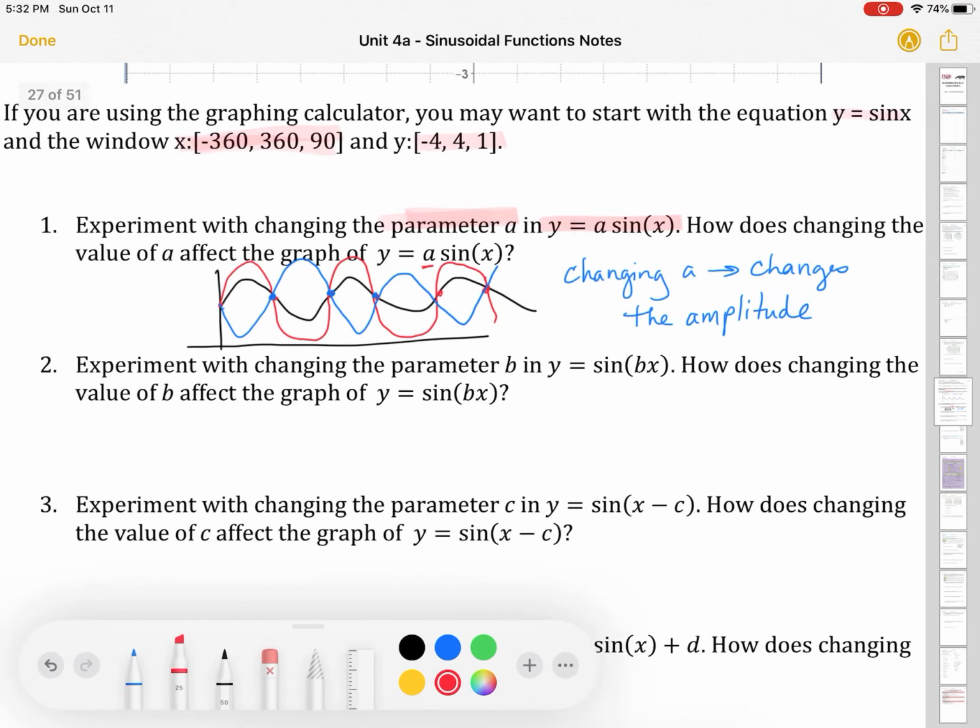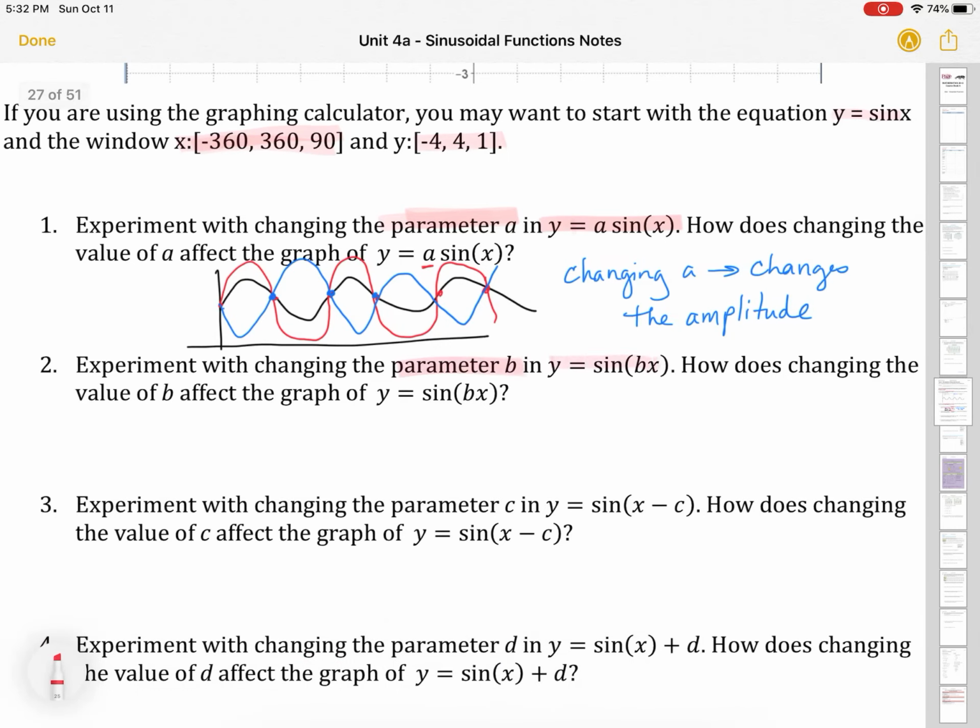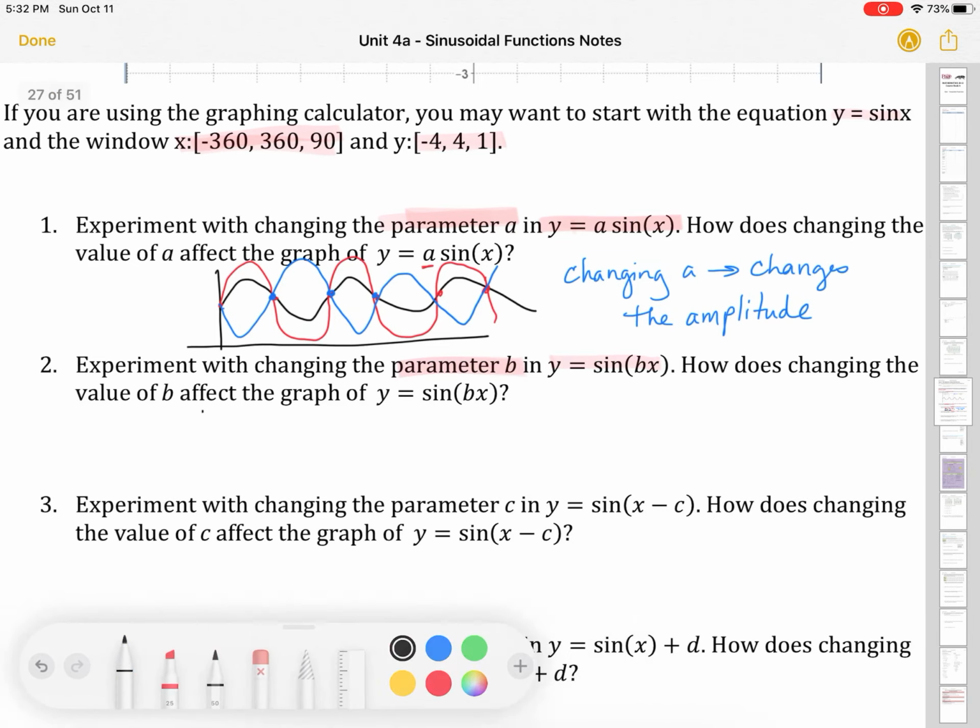Now, if we experiment by changing parameter b in y is equal to sine bx, so we're going to change those, and so you probably want to play around with that, put that in your calculator, and shift and change your values for b.